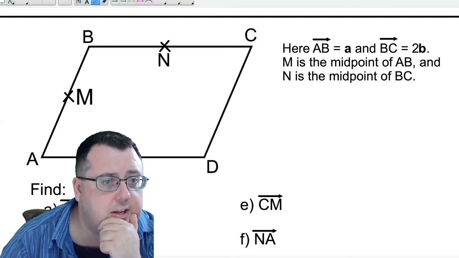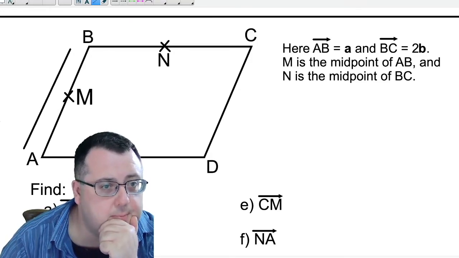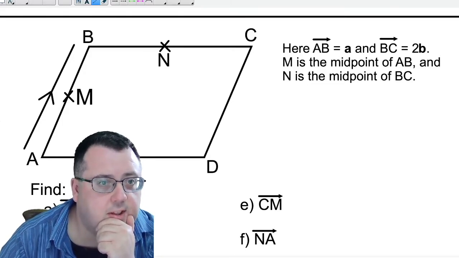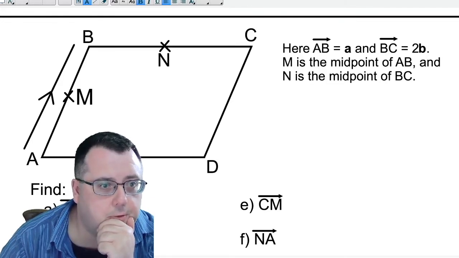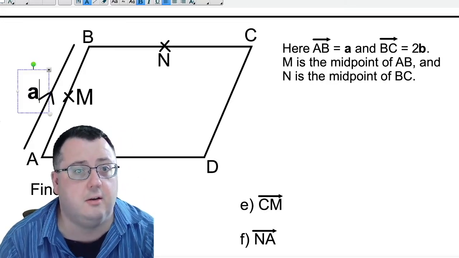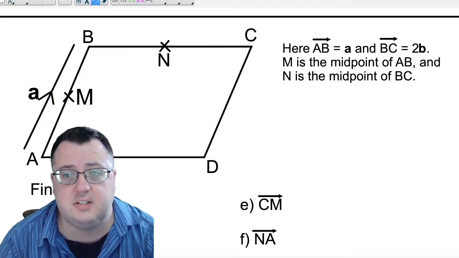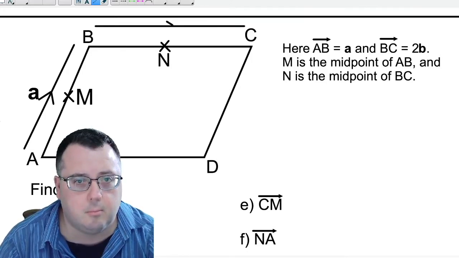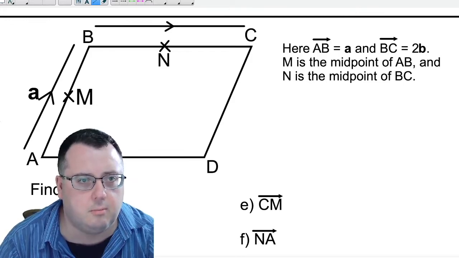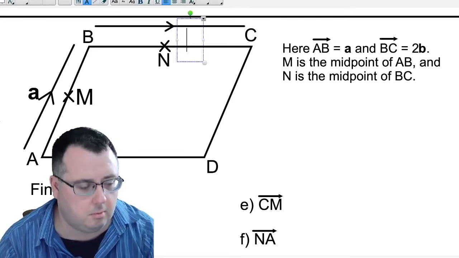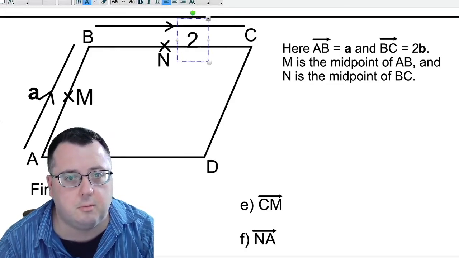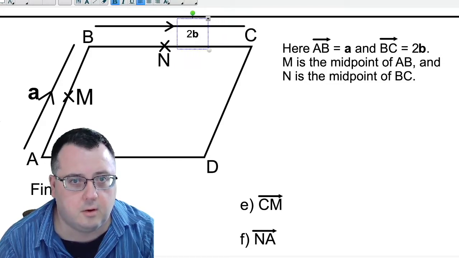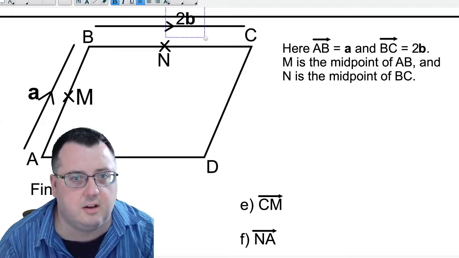So if I draw a line in here, this vector AB is going to be bold A. And then BC, this vector here, will equal 2 bold B. So can you see that 2B okay there?